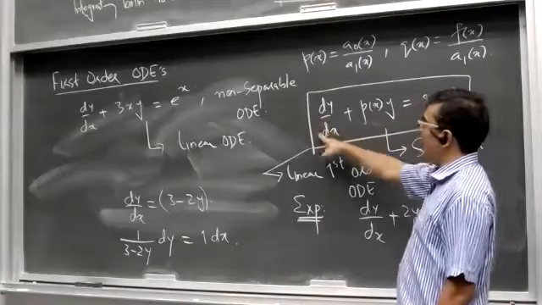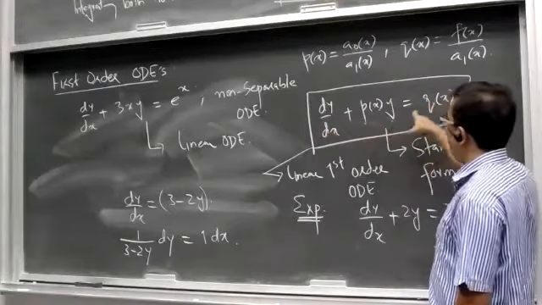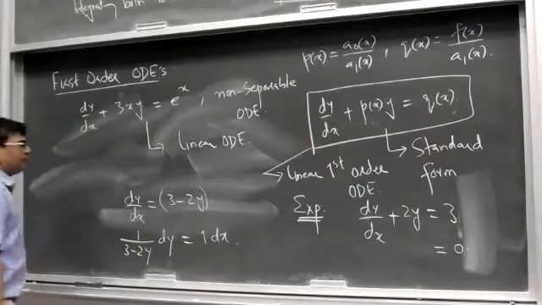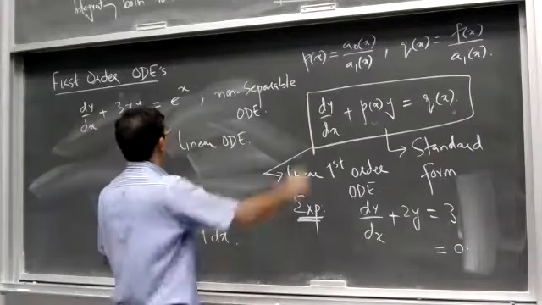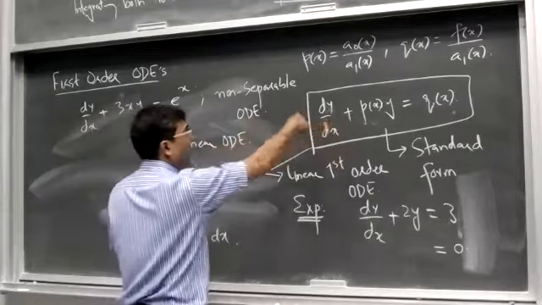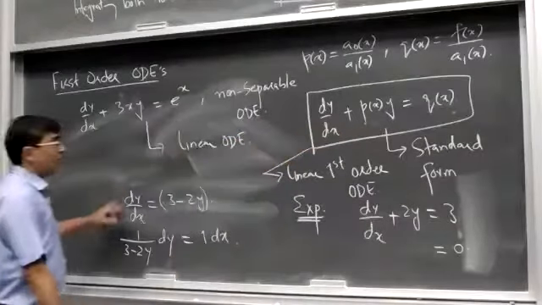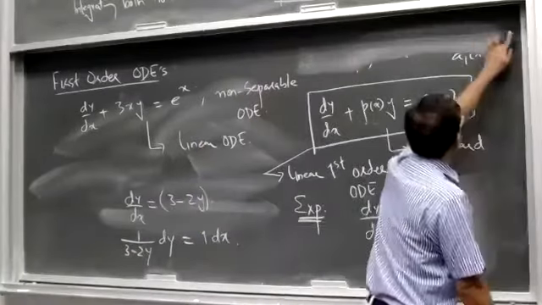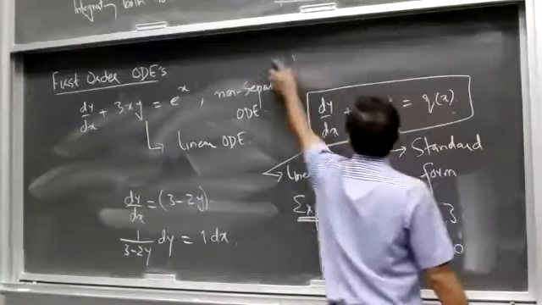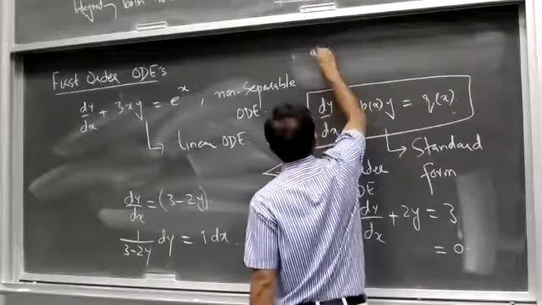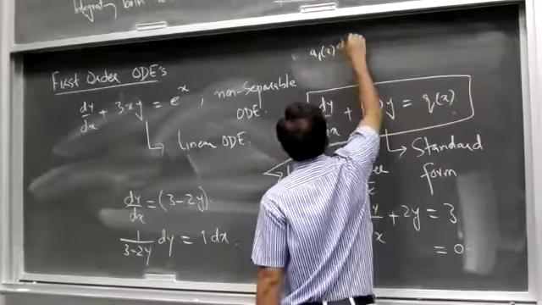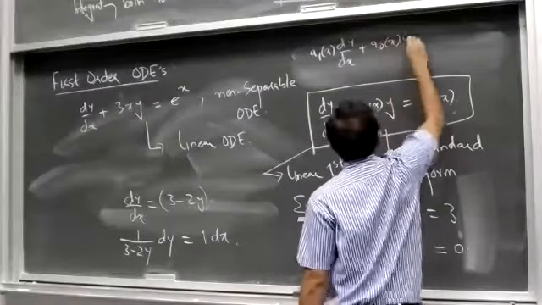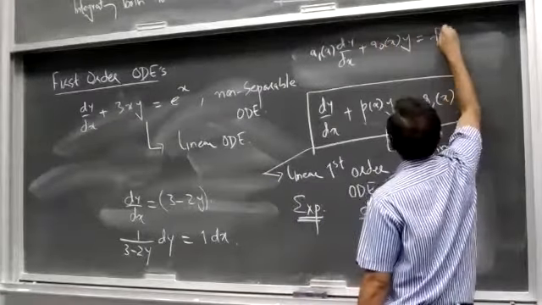If we have dy by dx plus p of x times y equal to q of x, where we might have functions, this is the standard form of a first order differential equation. There was a general form of the first order differential equation: a1 of x dy by dx plus a0 of x y is equal to some function f of x.